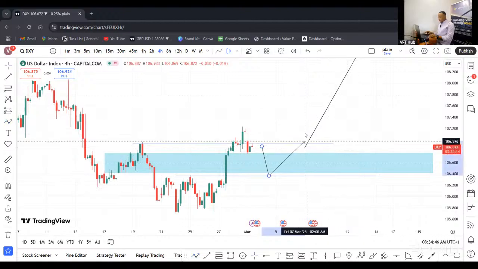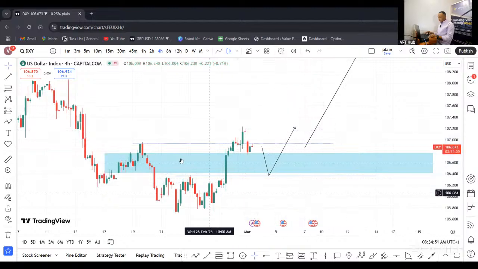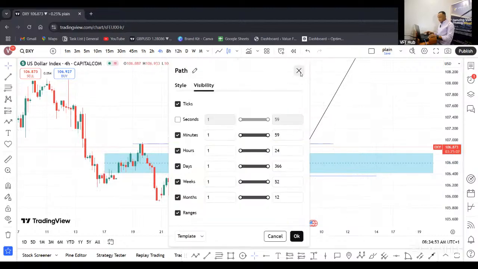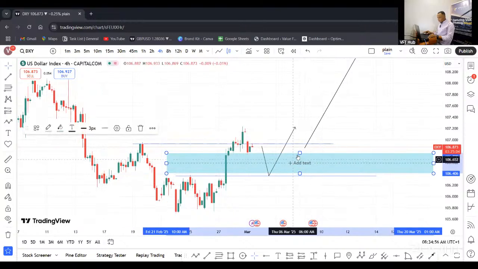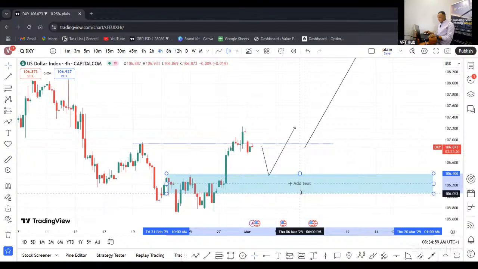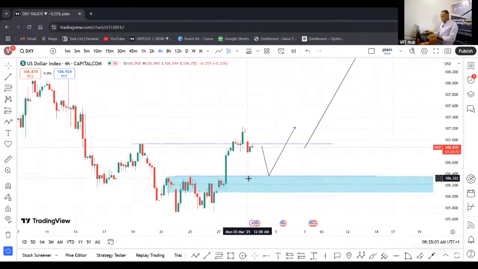So this is what I'm expecting to happen this week on the dollar index. Price trades into this level and then continues trading above. We can mark out the point where we're expecting it to trade into. So we might see some sales for the dollar index at the beginning of this week, starting from today into Wednesday. However, we know that the target is a short-term target.